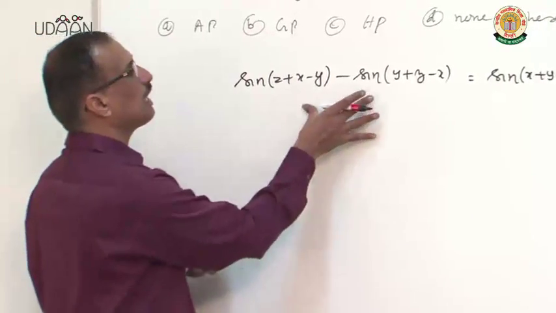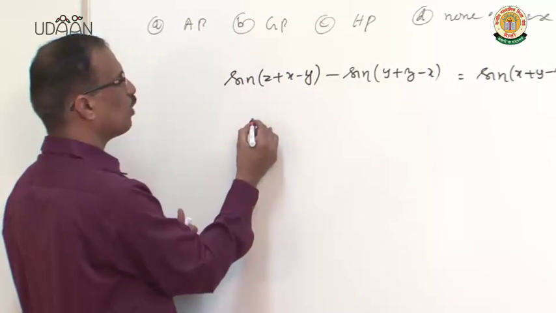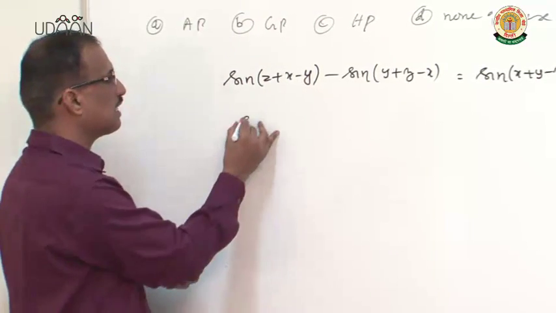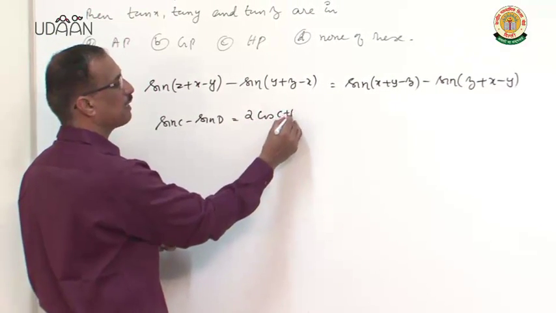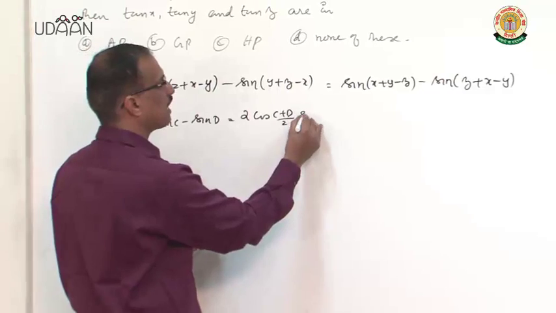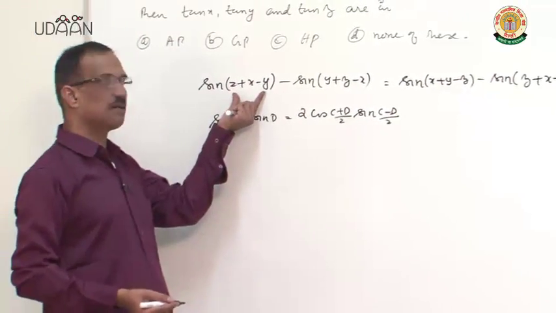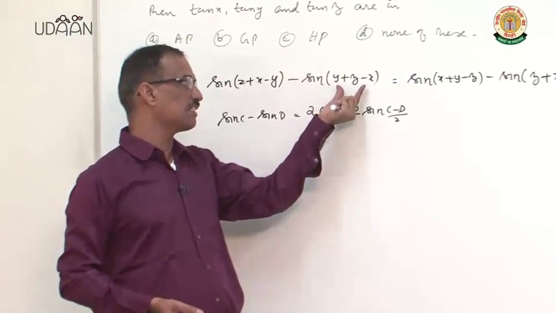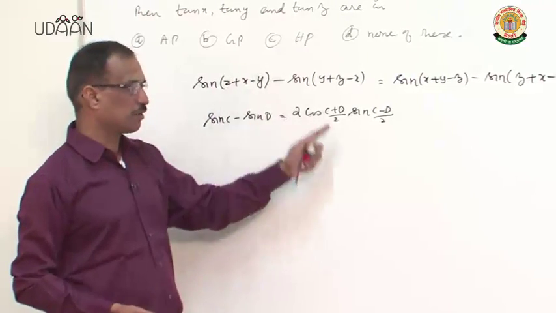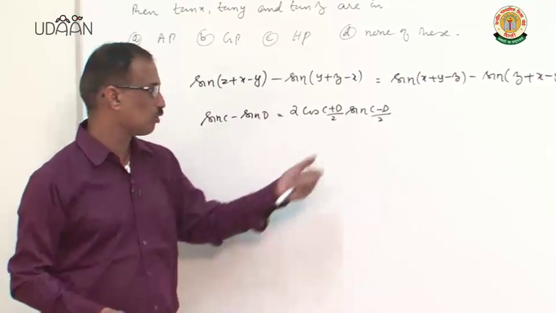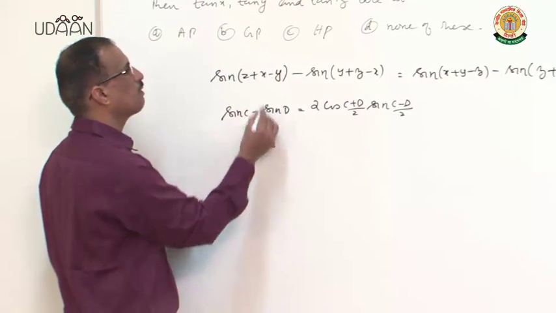Now it looks like sin C minus sin D. So sin C minus sin D, you have a formula, that is sin C minus sin D equals 2 cos of (C plus D) by 2 into sin of (C minus D) by 2. Now here C is z plus x minus y and D is y plus z minus x. So we add these two and divide by 2, then subtract and divide by 2. So you get 2 cos of this plus this.